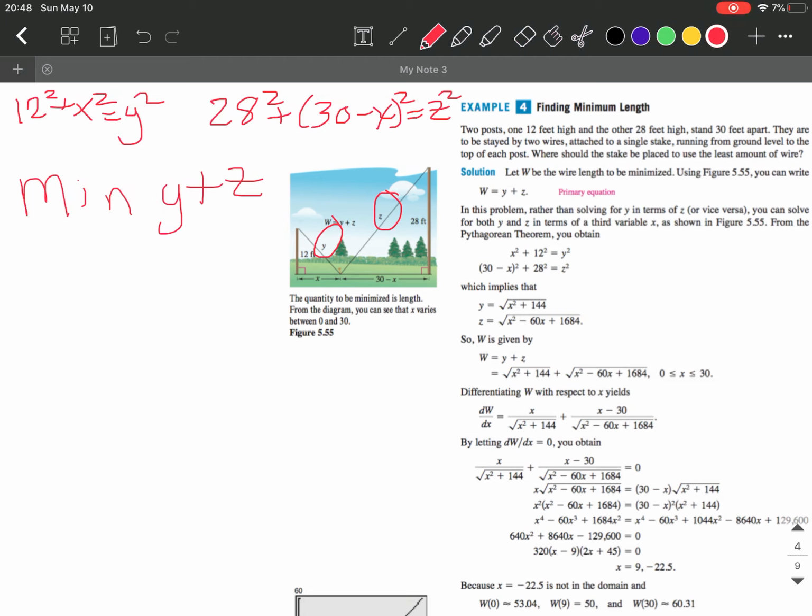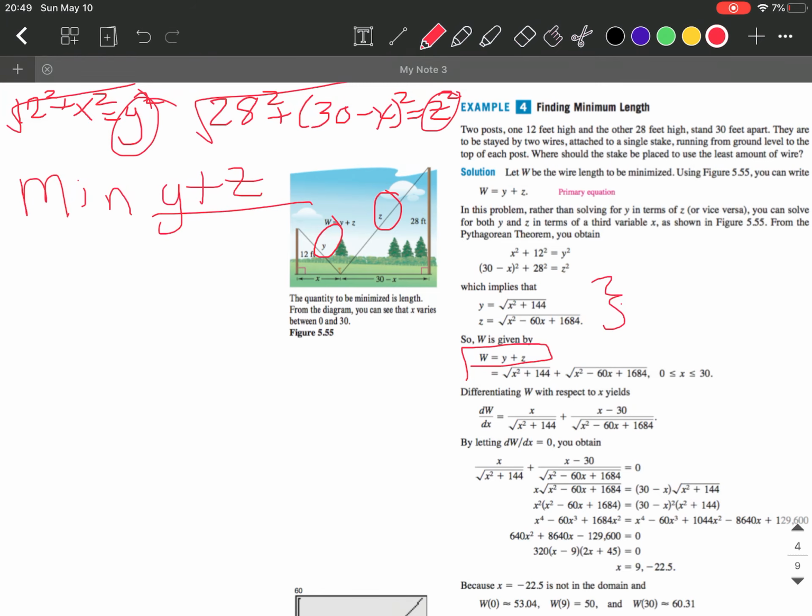So pretty much what they did here, in order to save space, I'm going to walk you through the easy steps over on the right. The first thing they did is they solved for y and for z in each equation by taking the square root of both sides, and you get this over here. And the wire, which we want to minimize, is y plus z. So they established that right there.